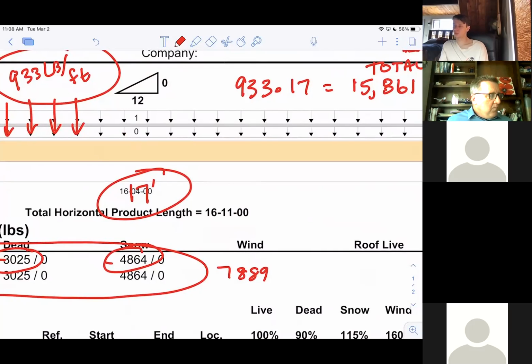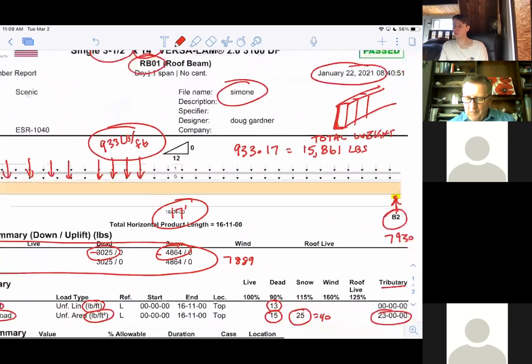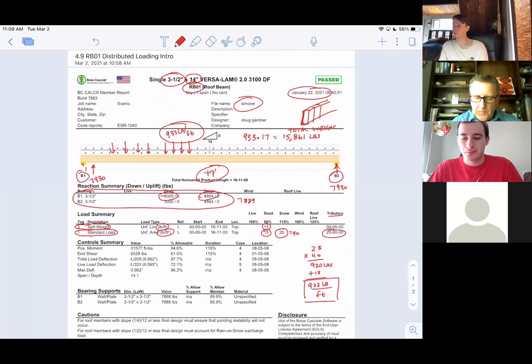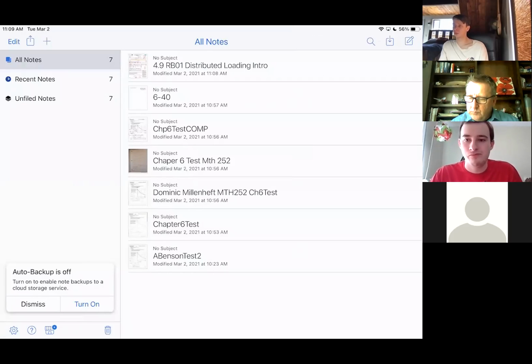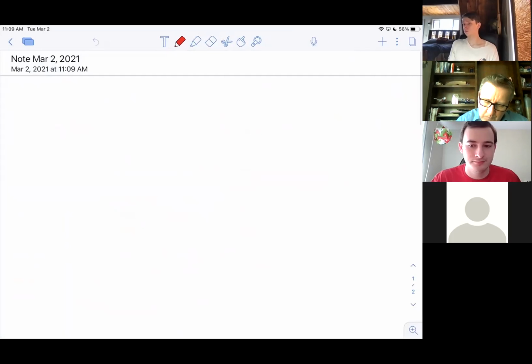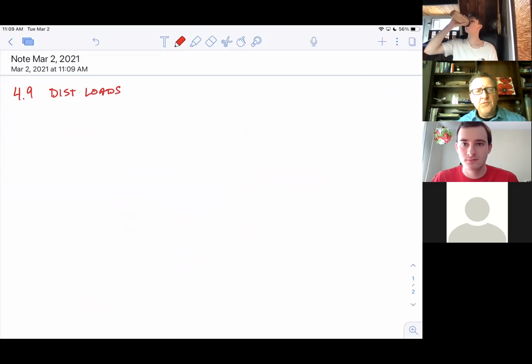So let's start with something a little bit more complicated. Let's look at a load that's a little more challenging than this. Let's look at a load that does this.